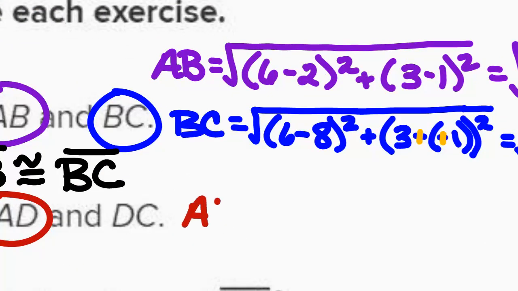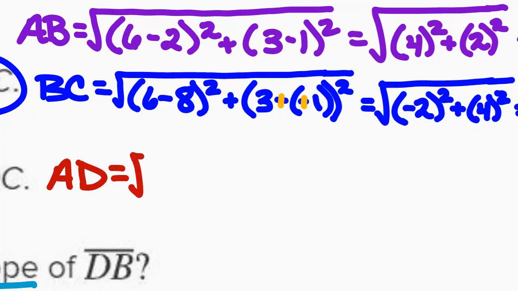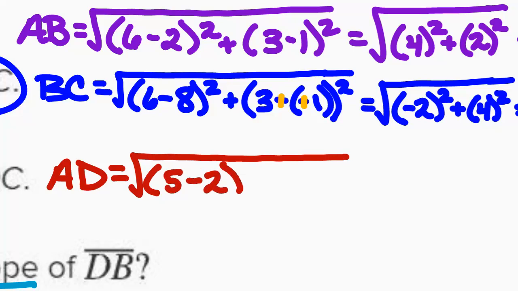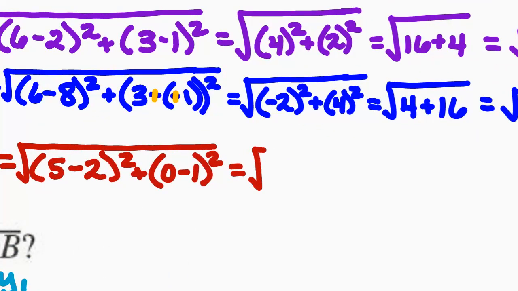So from A to D, we do x2 minus x1, so 5 minus 2. Take it and square it. Plus y2 minus y1, 0 minus 1. Close my parentheses and square it. 5 minus 2 is 3, so I have 3 squared.